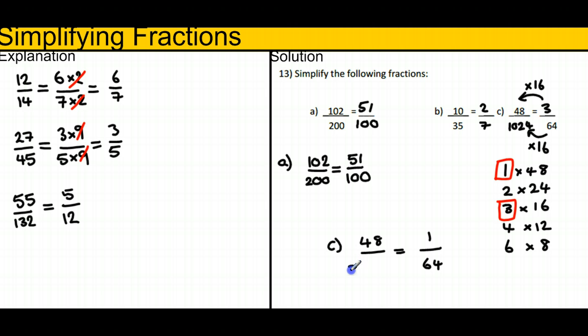And we end up with 3072. So those appear to me, if you simplify them fully, to be the answers you get. Hope that helped with your simplifying fractions and a bit of factors in there for good measure.